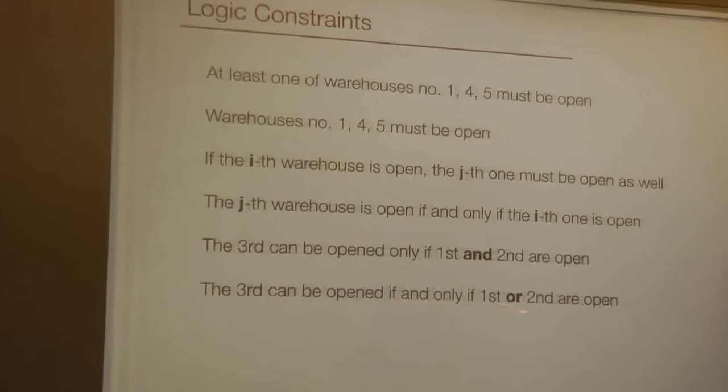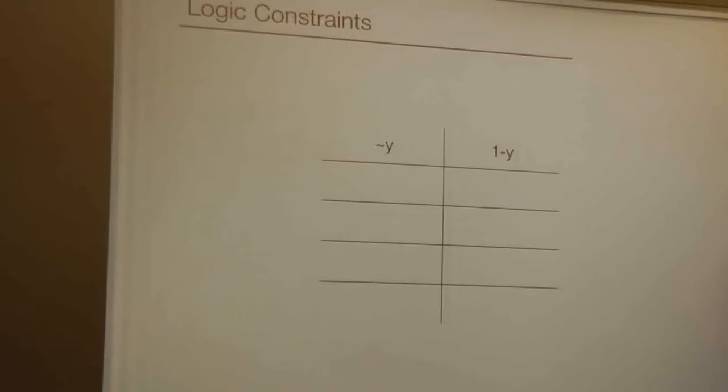We can do this, like the third one can be open if and only if the first or the second one are open, and so on and so forth. Okay? So essentially we are going to encode logic constraints into our optimization problem. And when dealing with logic, there are some natural rules that, well, you either remember them or you know how to derive them. Okay? So let's do that.